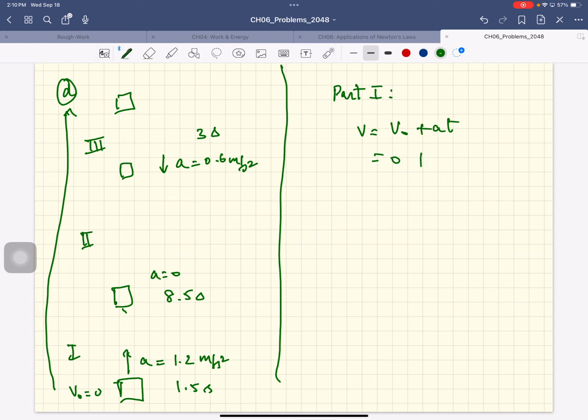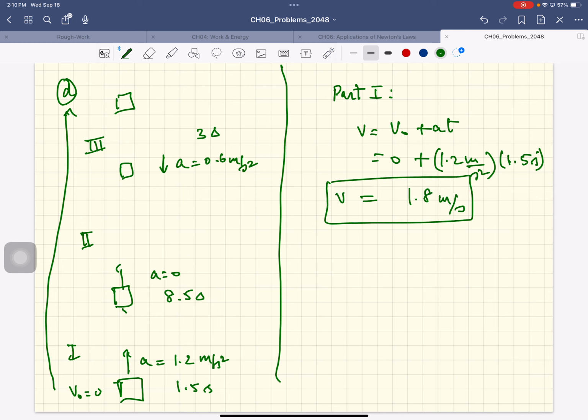You start off from rest, 1.2 meters per second squared. So you're going at 1.8 meters per second at that point, and then you maintain this constant velocity for 8.5 seconds. And then here you're decelerating. Let's look at part three.